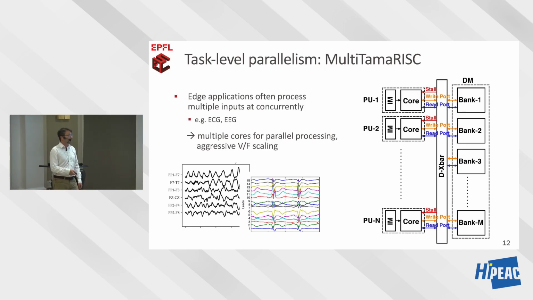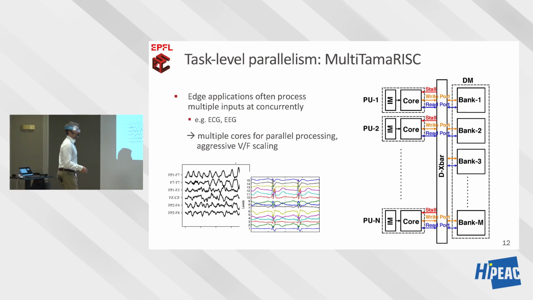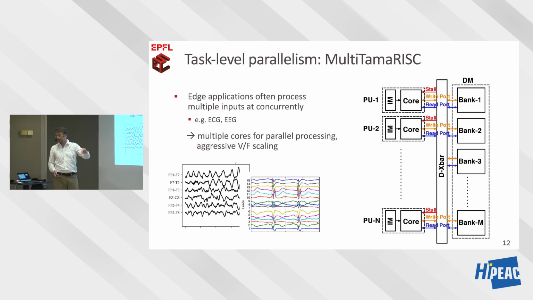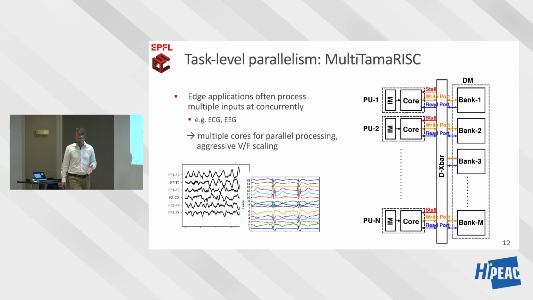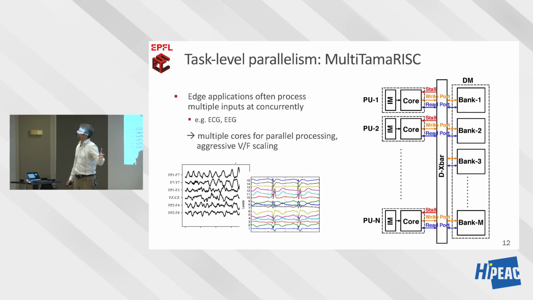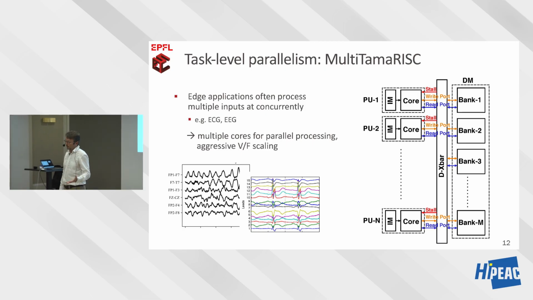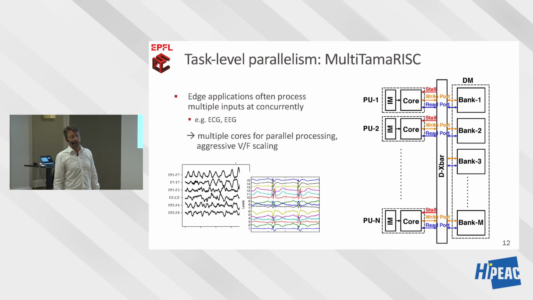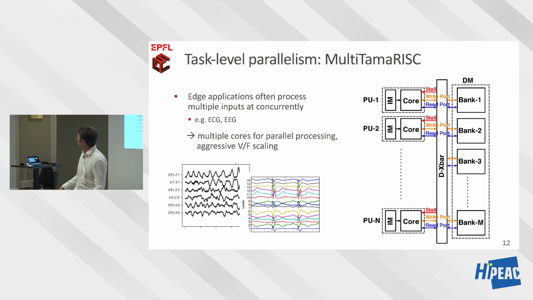We used a crossbar, which allows us to stall cores in case of conflict, so if multiple cores access the same bank in the same clock cycle. With multiple processors, we could deal with applications which process multiple streams of data at the same time. And this is a common case if you think about biosignal acquisitions, but even in other scenarios like environmental monitoring and so on and so forth.